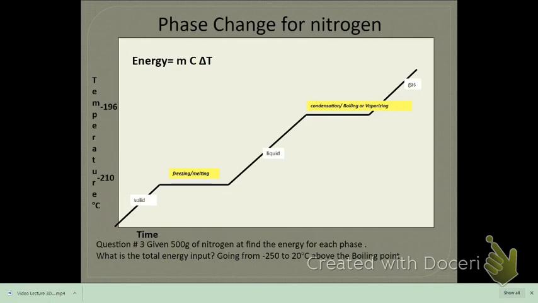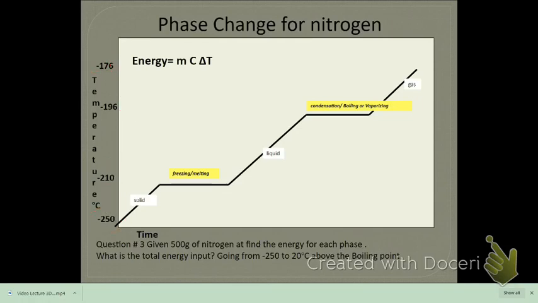According to my instructions, I'm going to start at a negative 250, and then heat it to 20 degrees above the boiling point. If this is my boiling point, 20 degrees above that gives me a negative 176. And if this is my freezing point, and I'm starting at a negative 250, that means my negative 250 is going to go here.